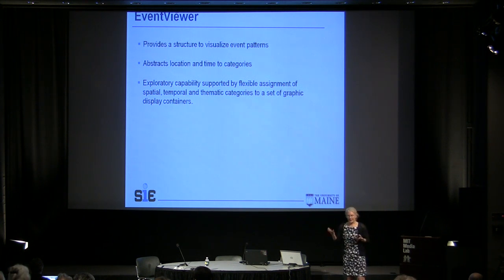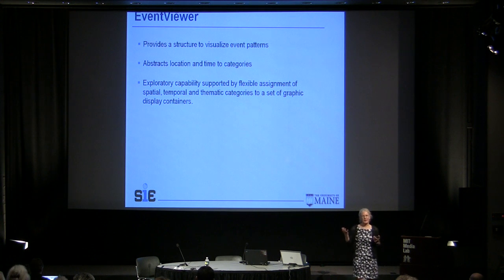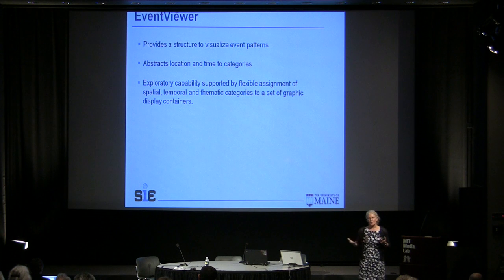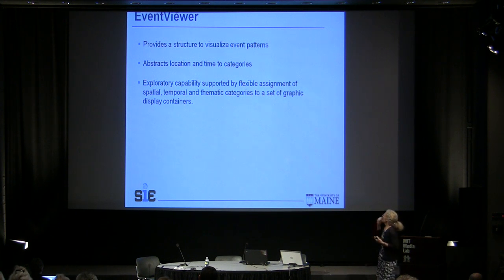But what I wanted to get at is: is there a way to look at the spatial and the temporal structure in a more integrated way? And so we're working on what we call this event viewer, and it's specifically designed to explore and visualize events of the types I've been describing.